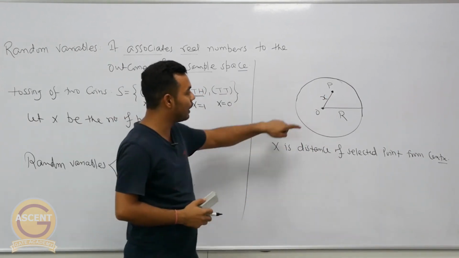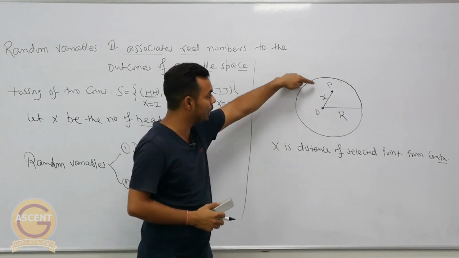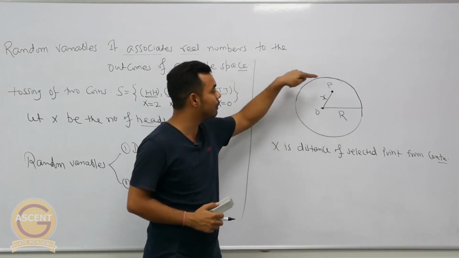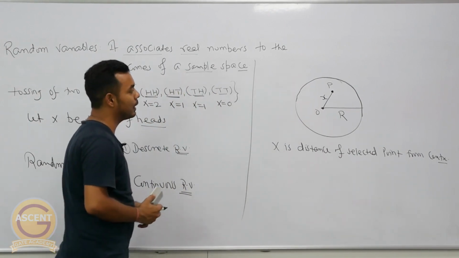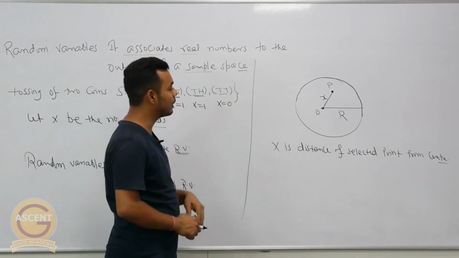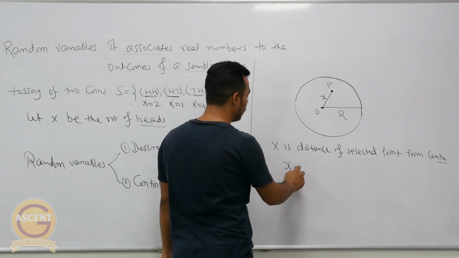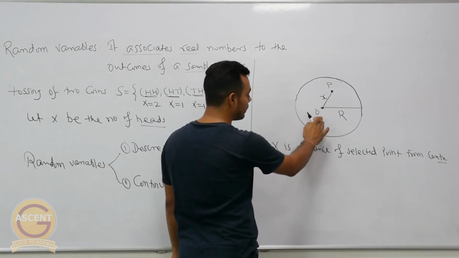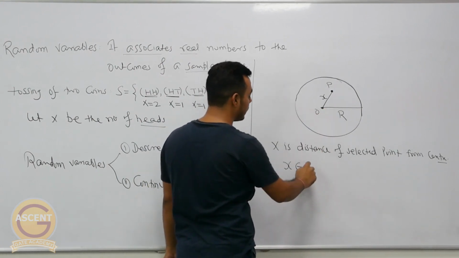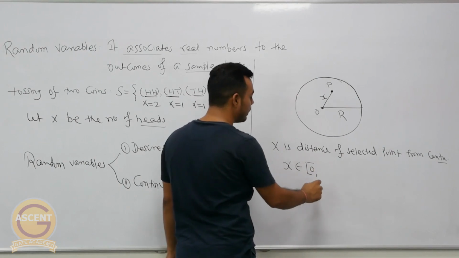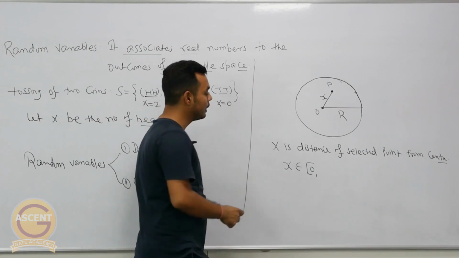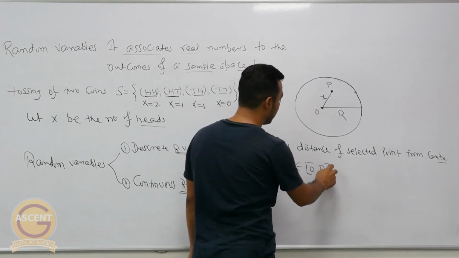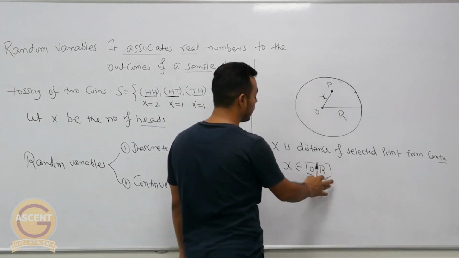Now the value of x, which is representing the distance of any randomly selected point inside the circle from the center of the circle, is an example of a continuous random variable, because here all values of x are possible. If you select the center, then the minimum value of x will be 0. And if you select a point on the circumference of the circle, then the maximum value of x will be r.